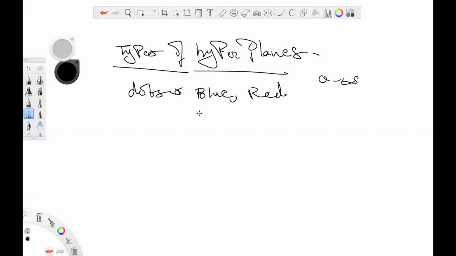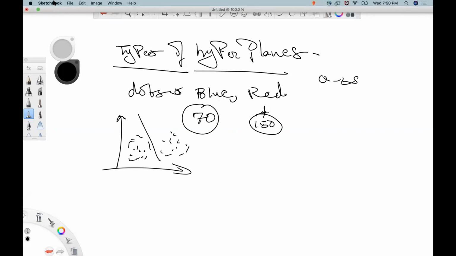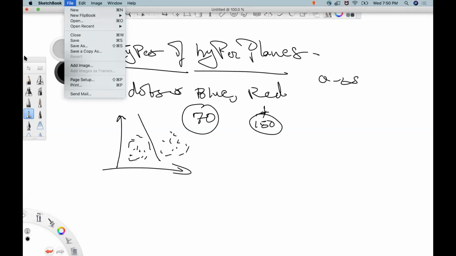For blue it is around 70 or 100, and for red it is 150. So we plotted this color coding on an axis like this, where 70 comes somewhere here and 150 comes somewhere here, and then we try to separate them based on it and draw a clear boundary.